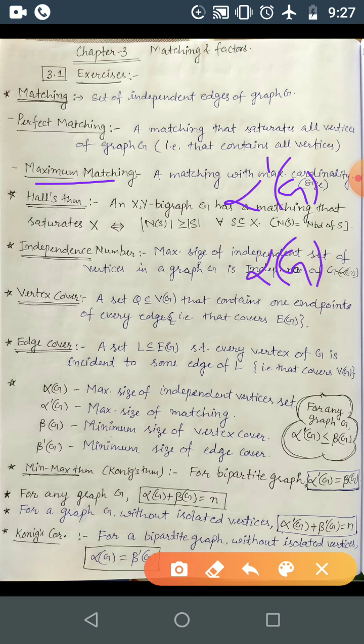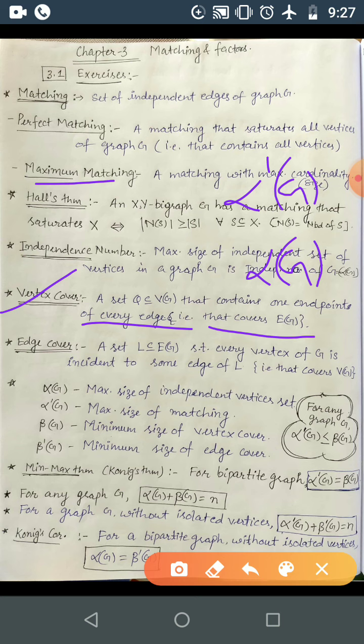Then vertex cover: a set of vertices that contains at least one endpoint of every edge, or you can just say that covers all the edges of G. That is the vertex cover, the set of vertices covering all the edges.